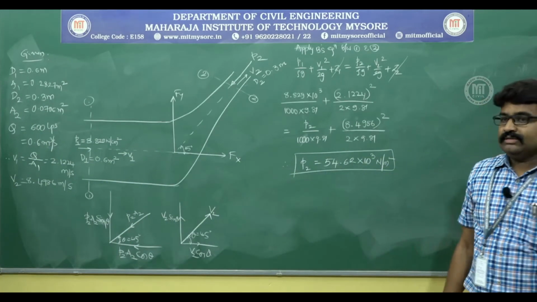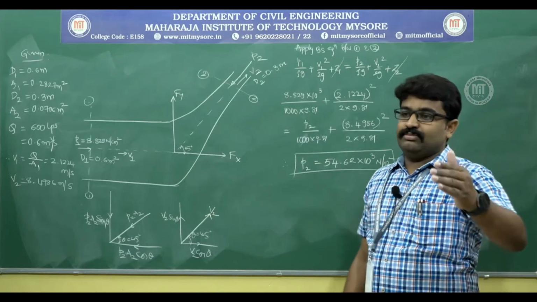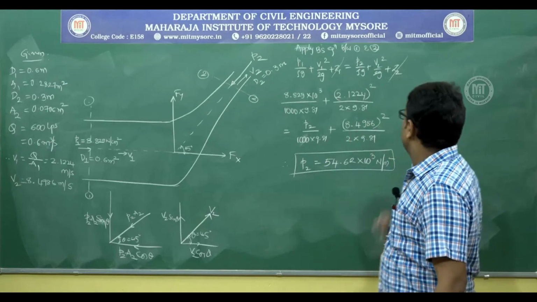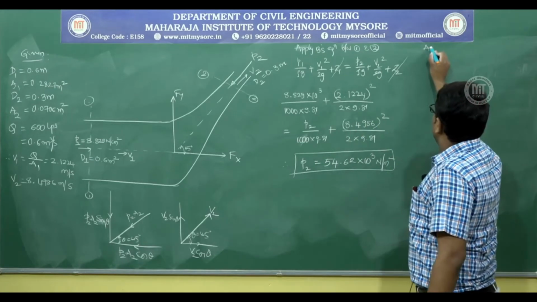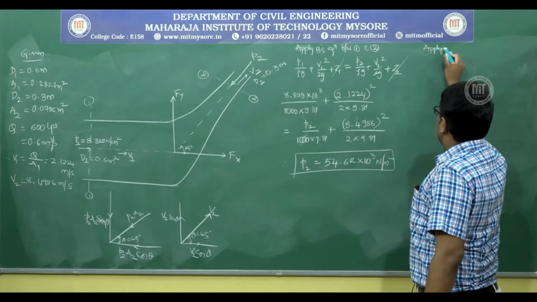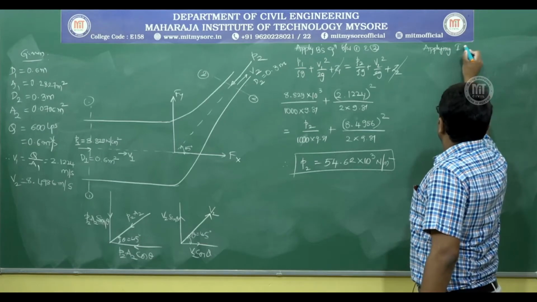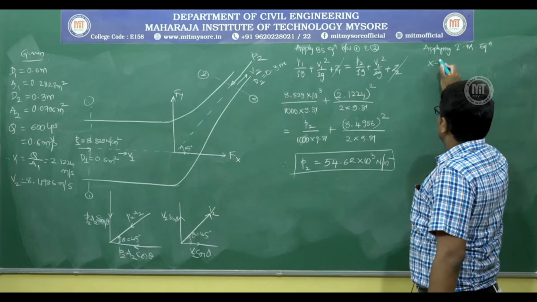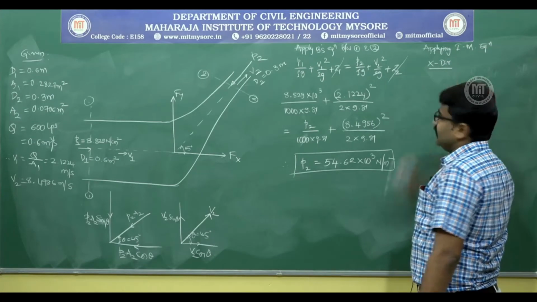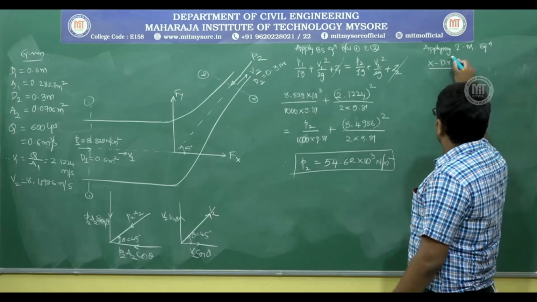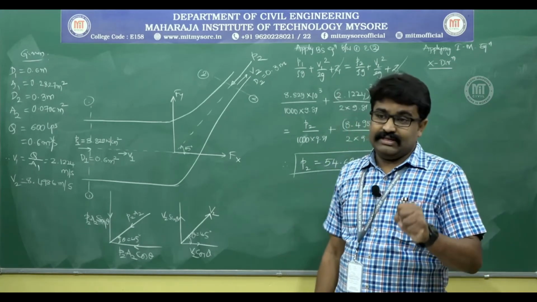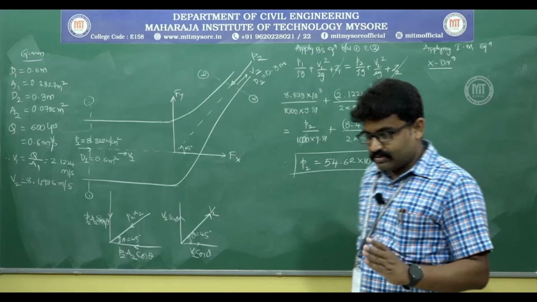So, what I will do is apply the impulse momentum equation in x direction. First thing I will do is in x direction. If you take the impulse momentum equation in x direction, what actually is it?